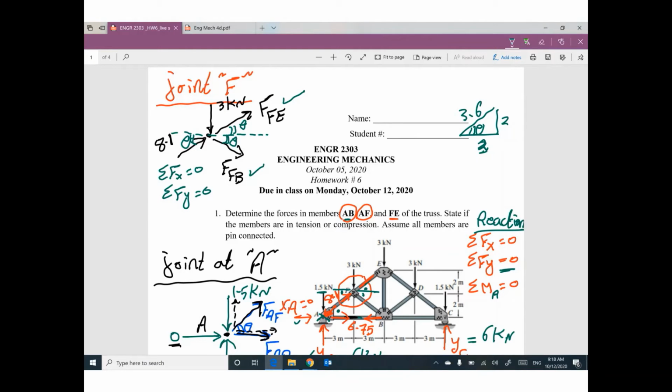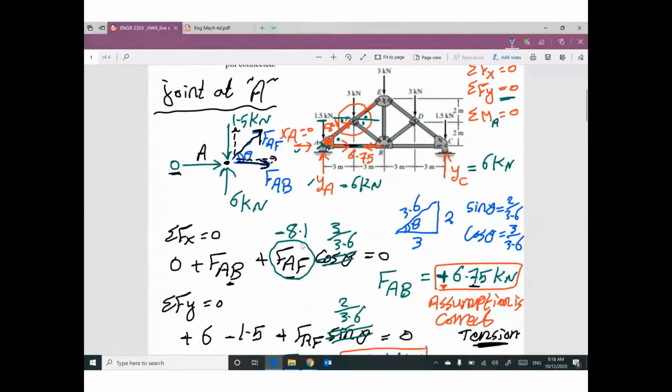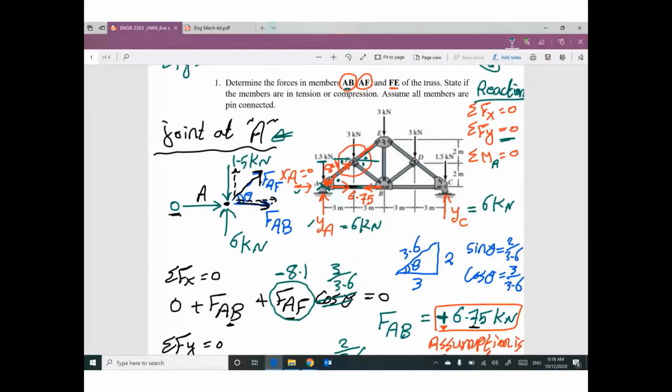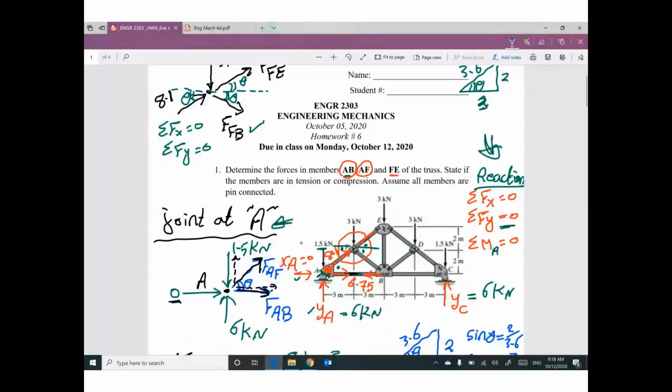So guys, for this problem, we have 3 parts. The first part, reactions. The second part, joint equilibrium at E. The third part, joint equilibrium at F. The key to doing your joint equilibrium is that you have to draw your joint correctly.